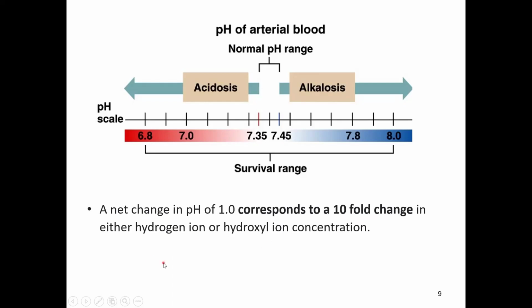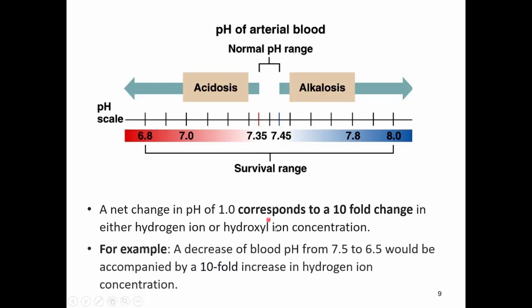For example, for your convenience, if the pH of the blood decreases from 7.5 to 6.5, it means a 10-fold increase in hydrogen ion concentration. In the same way, if the pH of the blood increases from 7.5 to 8.5, again it corresponds to a 10-fold change.